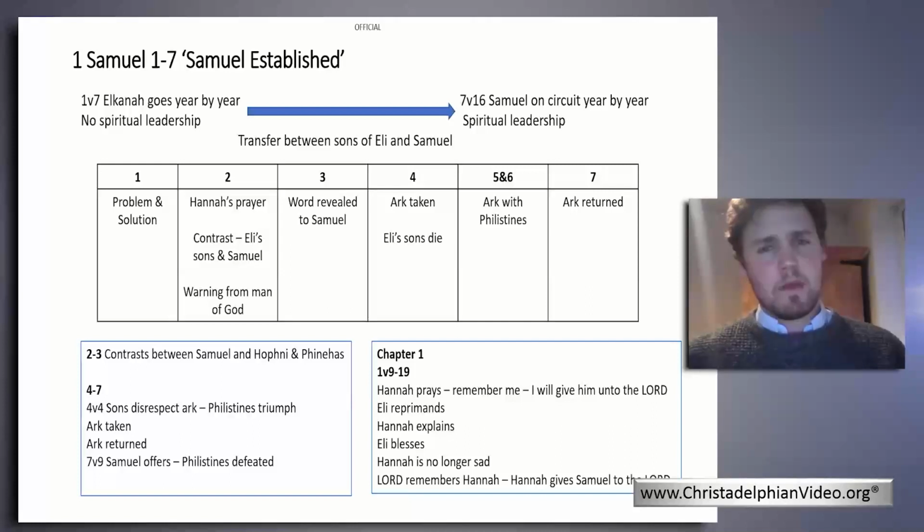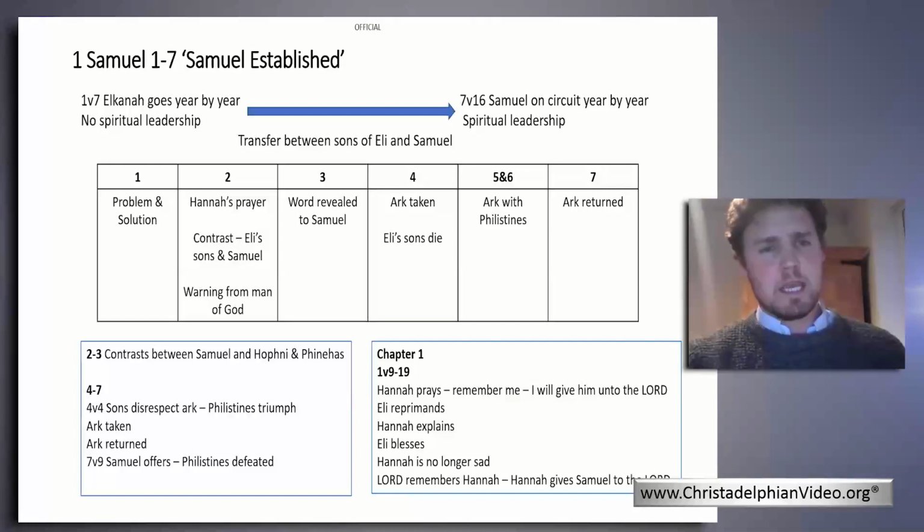The structure of this section is really divided into an introductory chapter where we have the problem laid out for us, that Hannah has this adversary, which is the absence of spiritual leadership within Israel, and she therefore makes this prayer.